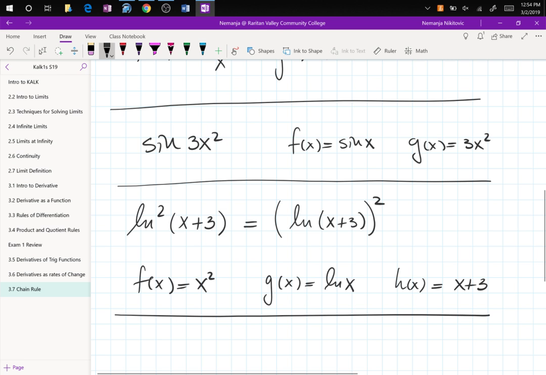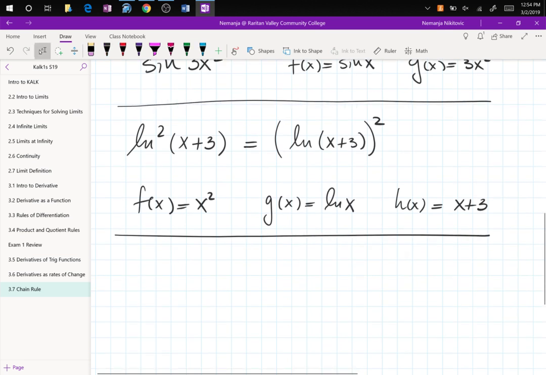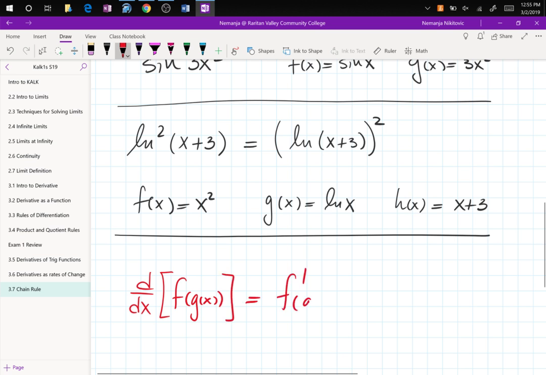So now it is time for us to write down the formula for chain rule and then start cranking literally 7,000 problems to practice this. So the derivative of function composition is f prime with g still plugged in times the derivative of g.